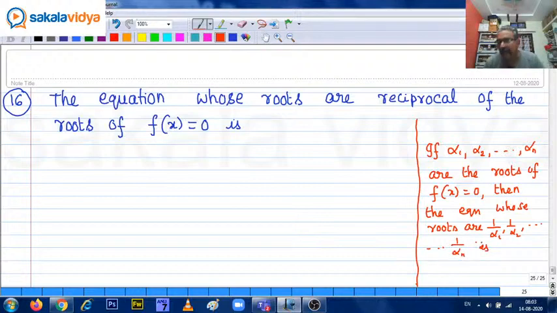This is the meaning of this problem: the equation whose roots are reciprocal of the roots of f of x is equal to 0. So I will give a very simple proof.